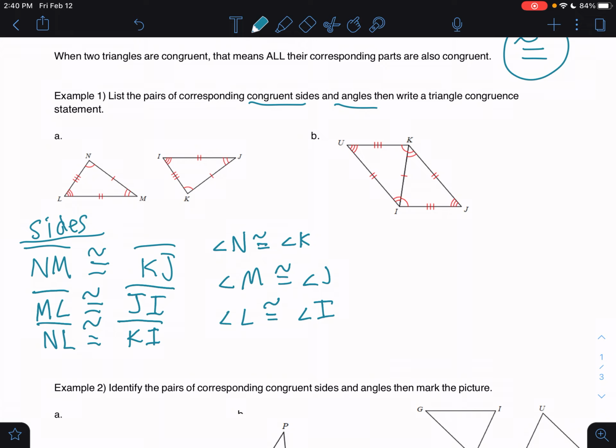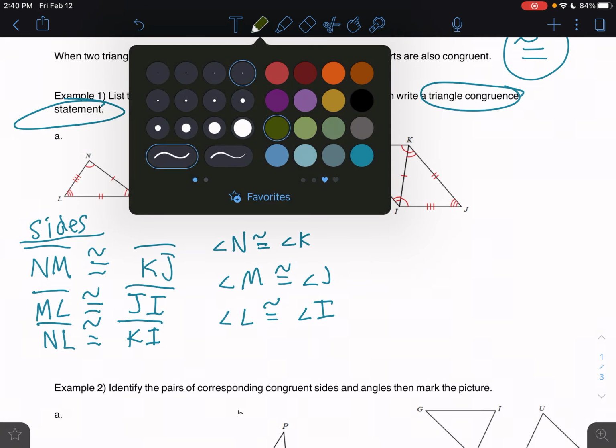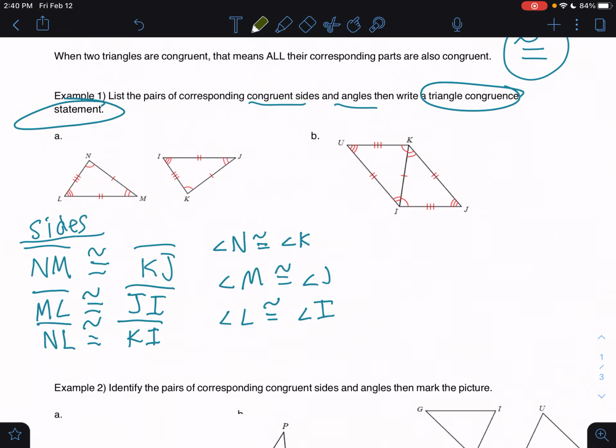Now we want to write a triangle congruence statement. A triangle congruence statement is saying that one triangle is congruent to the other, but this is where order really does matter. So we have triangle, and you just put a triangle there for that symbol.